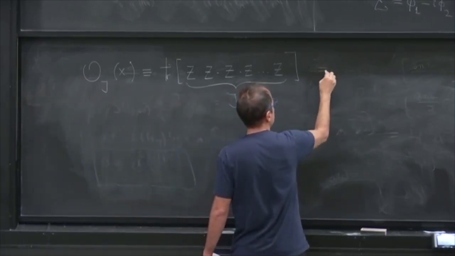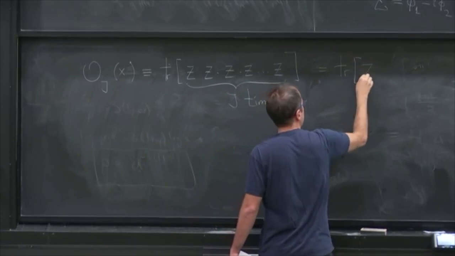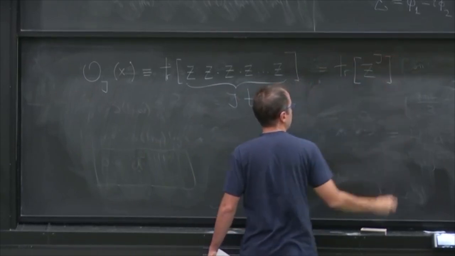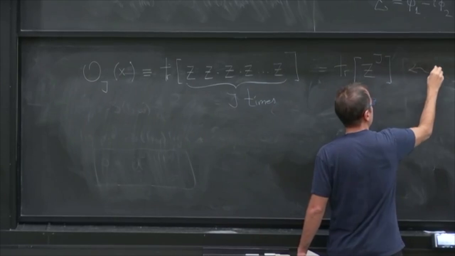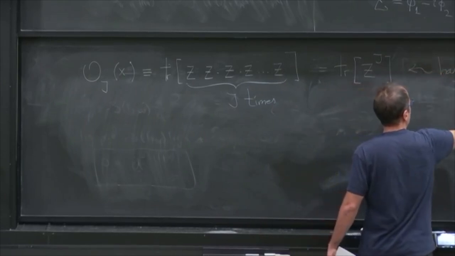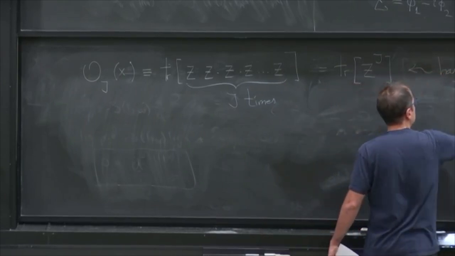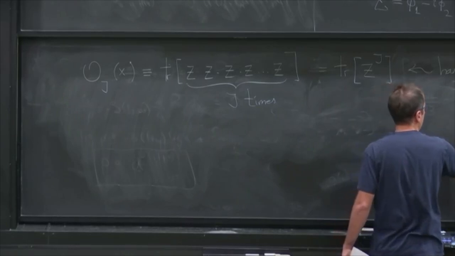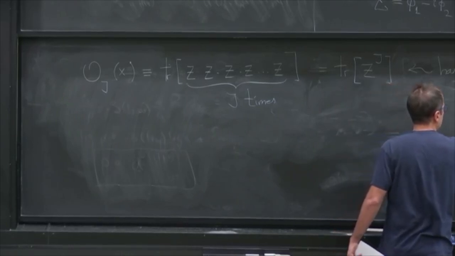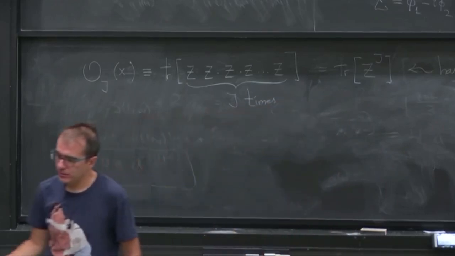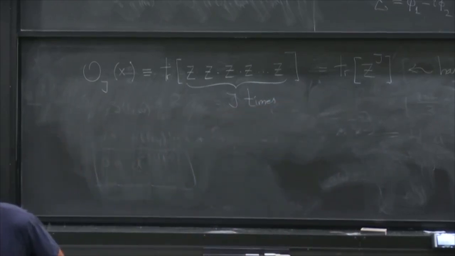Or equivalently, I can write it as trace of z to the power j. And this object now, of course, has charge j. This charge, by the way, is called R charge. And this SO(6) symmetry is called R symmetry. Just the name of this symmetry.